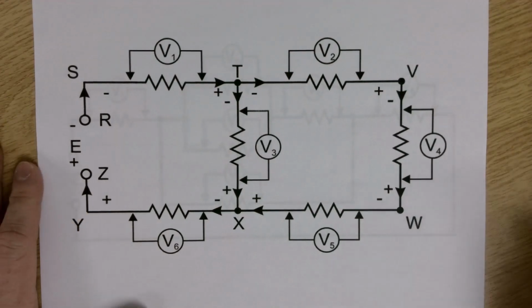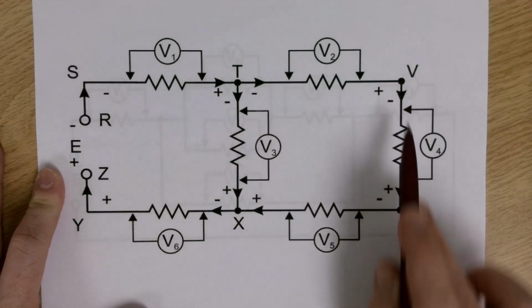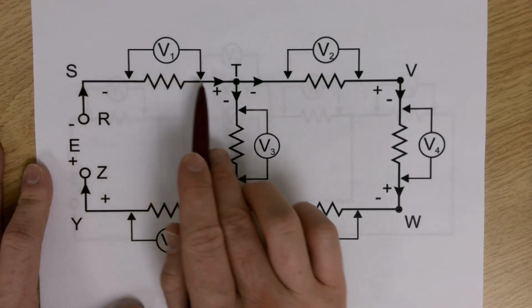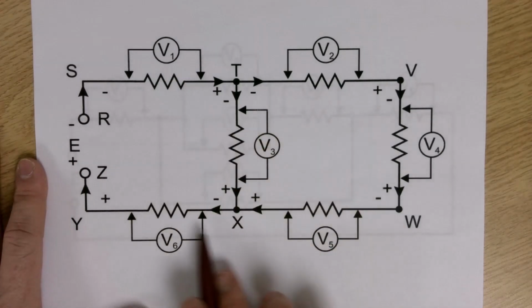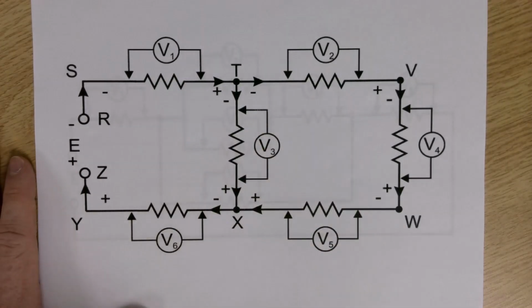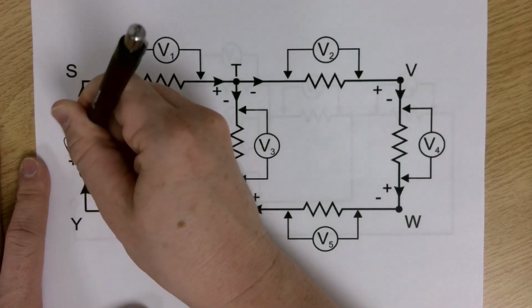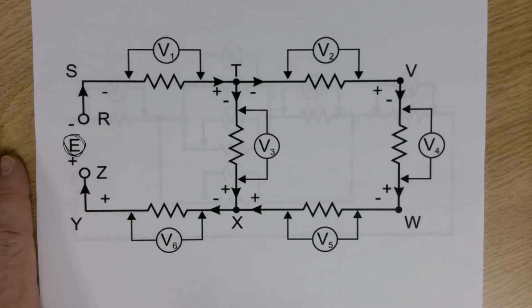Now your module talks about these plus minus values, basically you add the E and then you minus V1 and then you just kind of follow. I'm just going to look at it as following the current arrows and remembering that in a series circuit, my voltage rise comes from the applied voltage, or you could also think of it as the rise in voltage comes from all of the applied voltages.